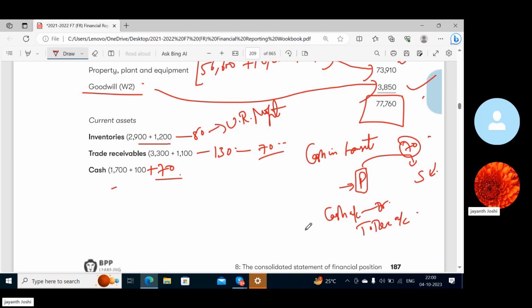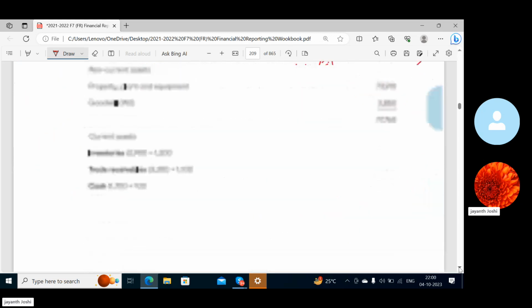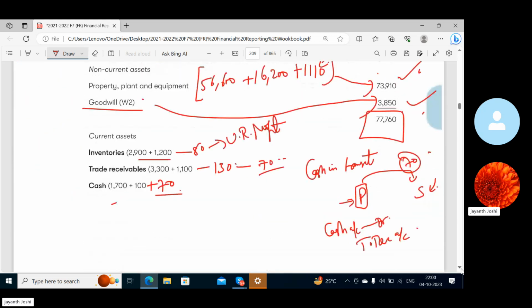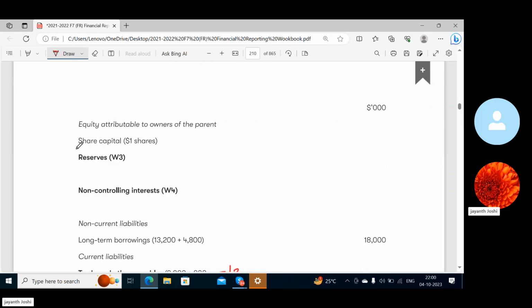Okay, now this is also done. Now we will move forward. Still what is there? Cash is done. You already know that the share capital of the parent is only taken, right?